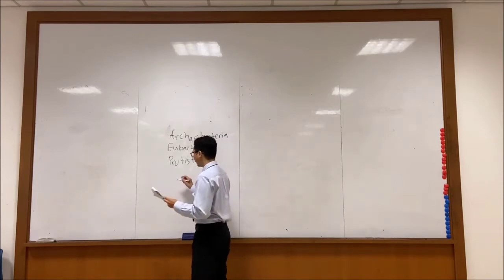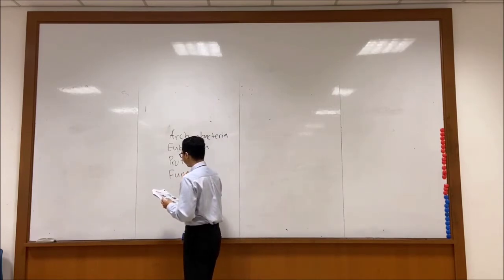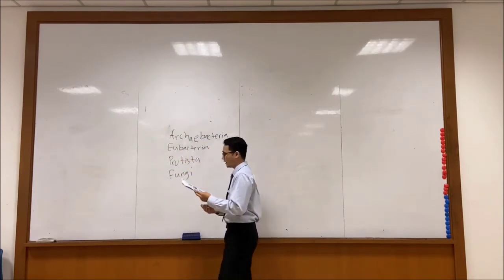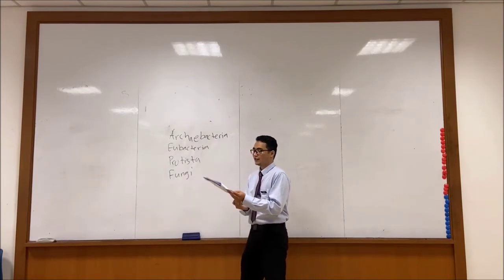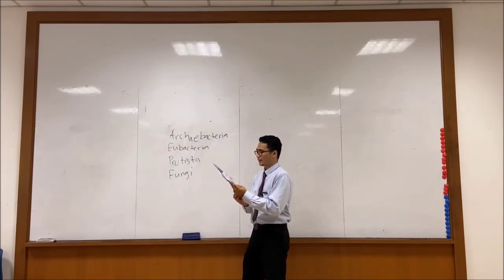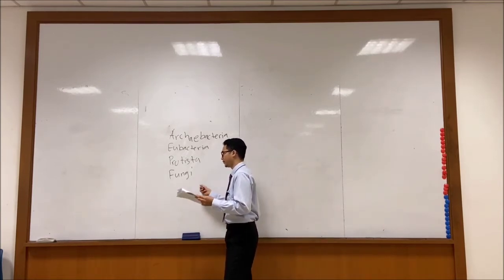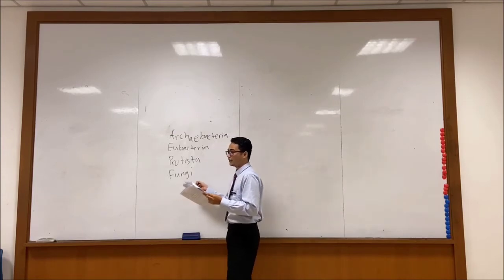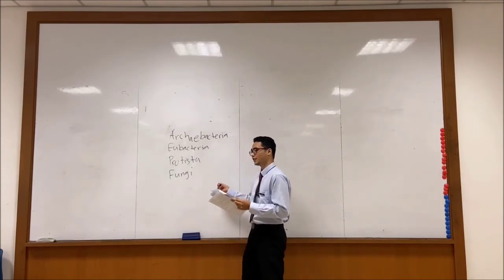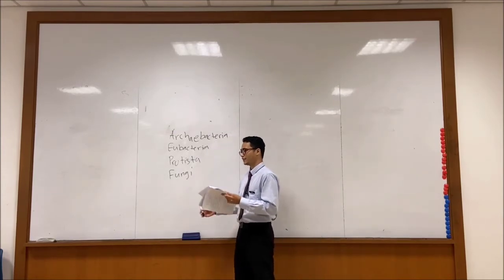Another kingdom is Fungi. Fungi are also eukaryotes, consisting of unicellular and multicellular organisms, but they can only be heterotrophs. They need to take nutrients from others.